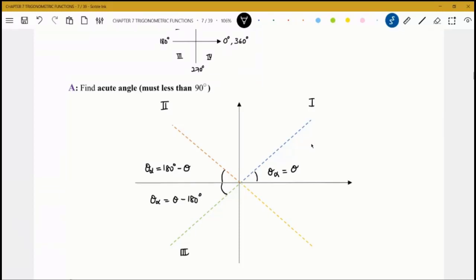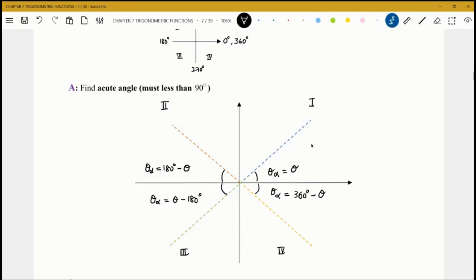And if your angle given lies on the fourth quadrant, untuk dapatkan acute angle is gonna be 360 minus the given angle. Sebab purpose kita nak cari acute angle, angle theta alpha. Okay, so kalau angle kamu berada pada third quadrant contohnya, angle itu akan tolak dengan 180, kita akan dapat theta alpha. Okay, so that's how we do for finding the acute angle.